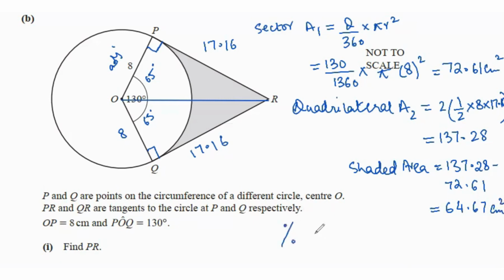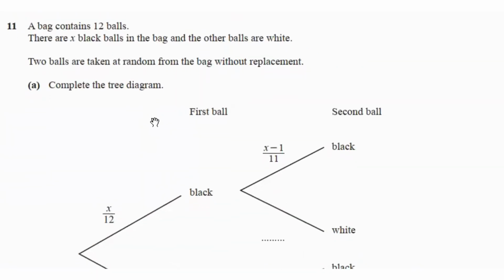So for the percentage, it's going to be 64.67 divided by 137.28 times 100, which is 47.11% or 47.1%.